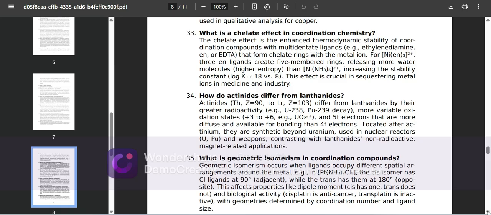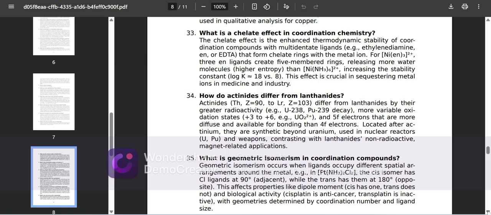What is the chelate effect in coordination chemistry? The chelate effect is the enhanced thermodynamic stability of coordination compounds with multidentate ligands, for example ethylenediamine or EDTA, that form chelate rings with the metal ions.